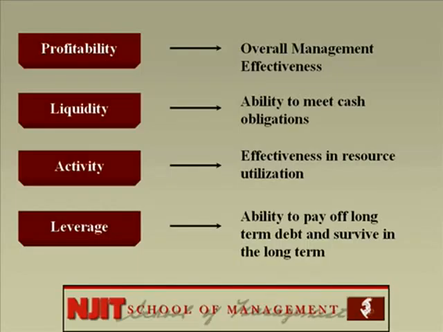All 4 criteria are important. Profitability, how well are they doing overall? How well is the manager managing the business? Liquidity, are they generating enough cash to pay off their bills? Activity, are they using their assets effectively? Leverage, can they survive in the long term?